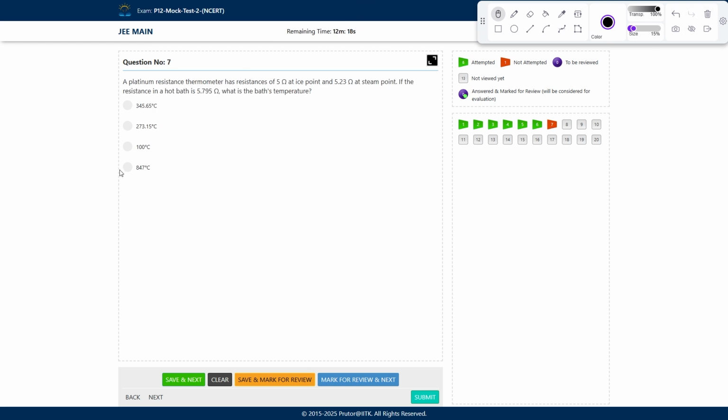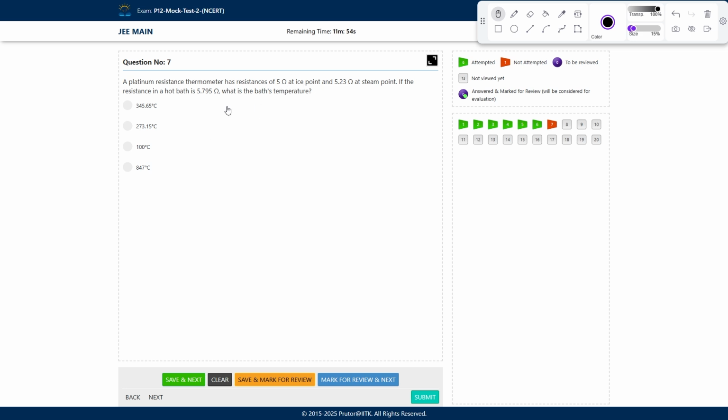Okay, next question. A platinum resistance thermometer has resistance of 5 ohm at ice point and 5.23 ohm at steam point. If the resistance in a hot bath is 5.795 ohm, what is the bath temperature? You should solve with me and give me the answer.